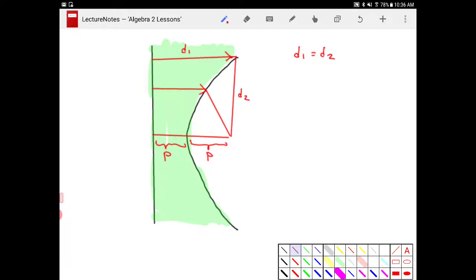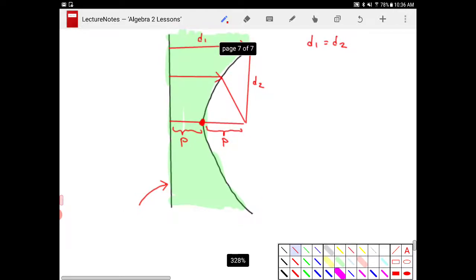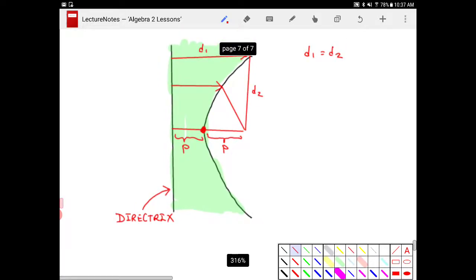So the shortest path between that vertex to this vertical line, and there's a name for this, is called a directrix. So the distance from the directrix to the vertex of the lens, and then from the vertex of the lens to the focal point, this point over here being the focus, has to be the same everywhere.